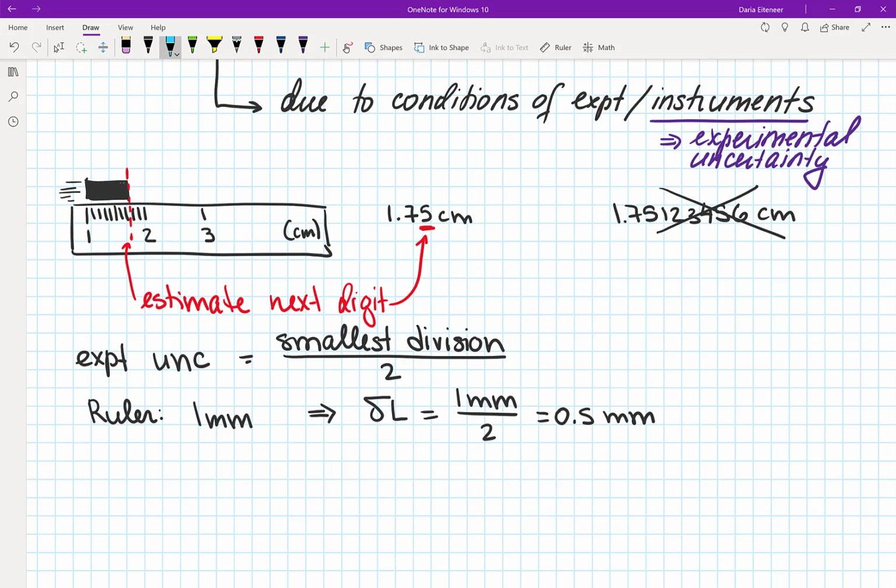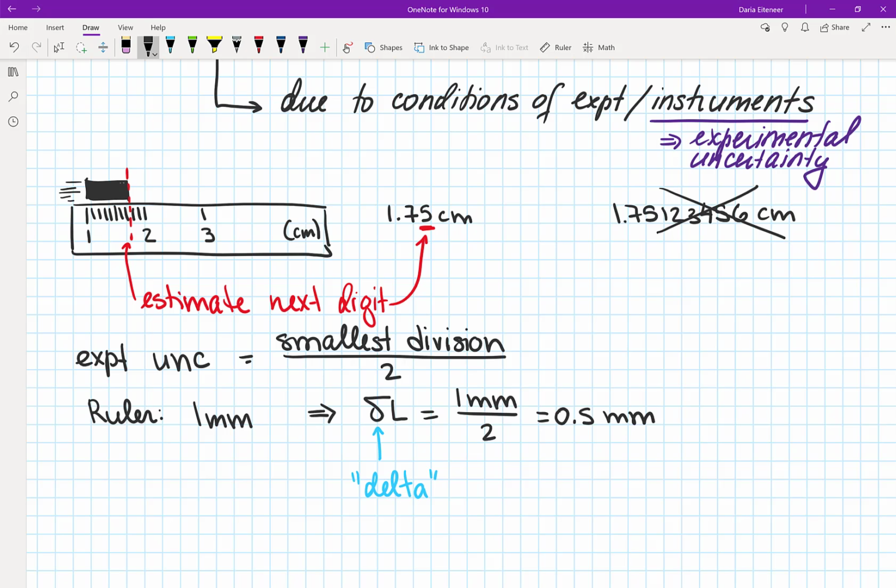If you're not familiar with this symbol, this is a Greek letter delta, little delta. Don't confuse it with other symbols that are similar to it but not quite the same, such as sigma and so on. So make sure that you know how to properly indicate this. What I'm saying here is that this is the experimental uncertainty in me measuring the length of this object with this ruler.